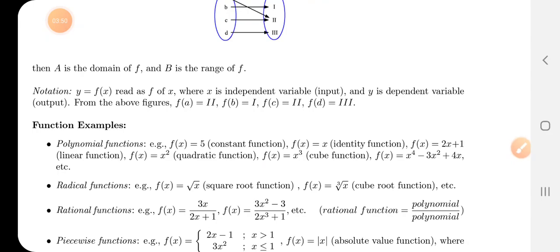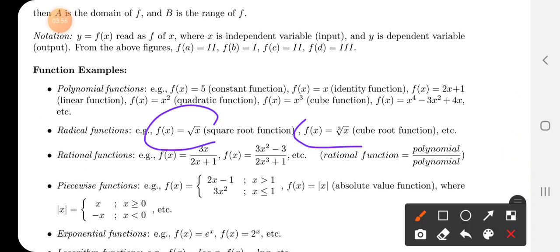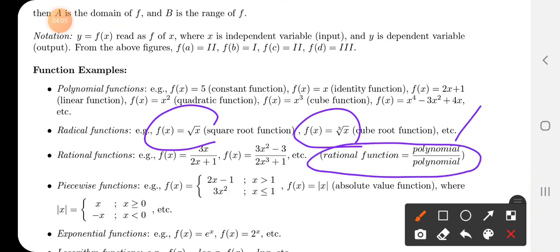So polynomial is a function, meaning for every input you will get exactly one output. And similarly radical functions, square root function, cube root function, these are functions. A rational function is any function in the form of polynomial over polynomial. So the numerator is a polynomial function and the denominator is a polynomial function. So that's a rational function.